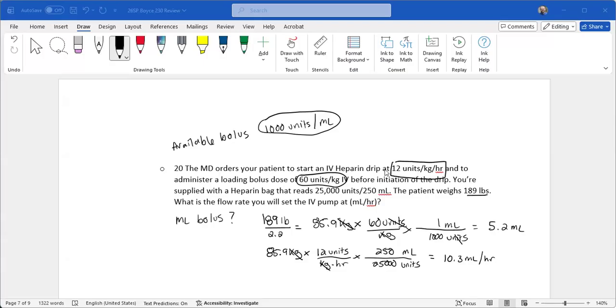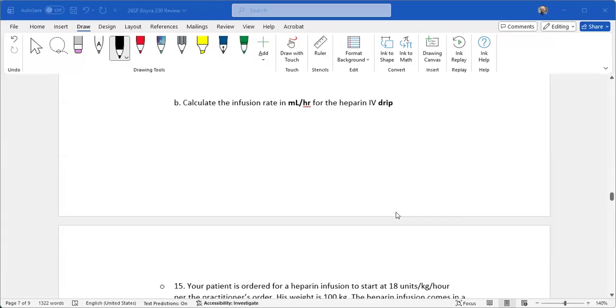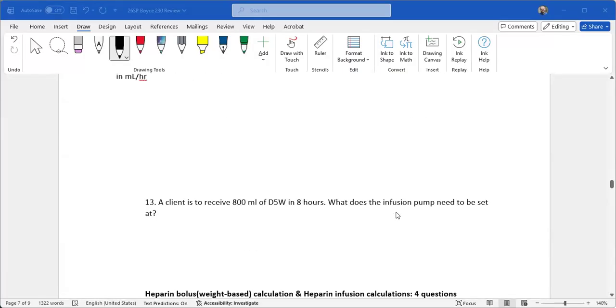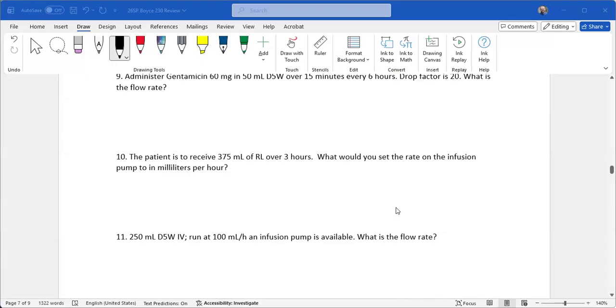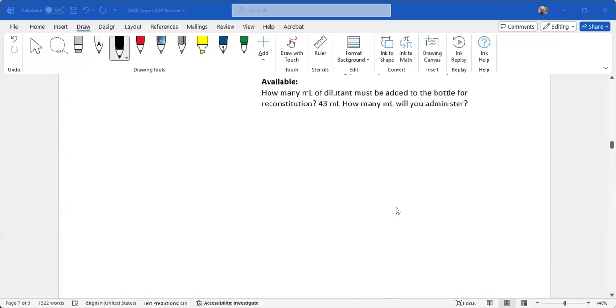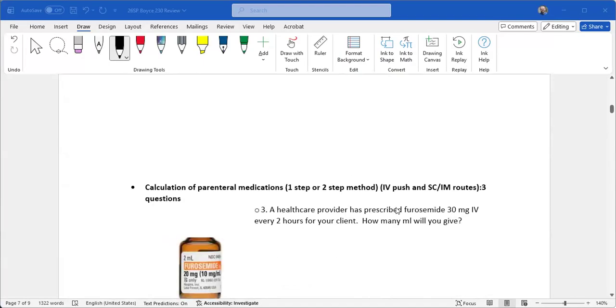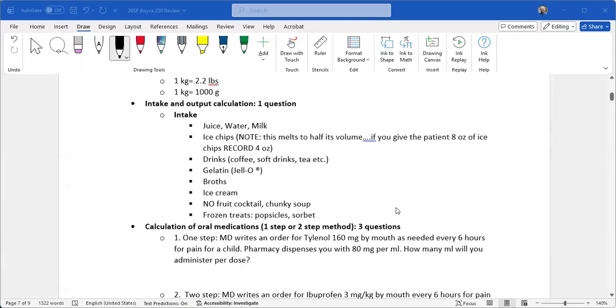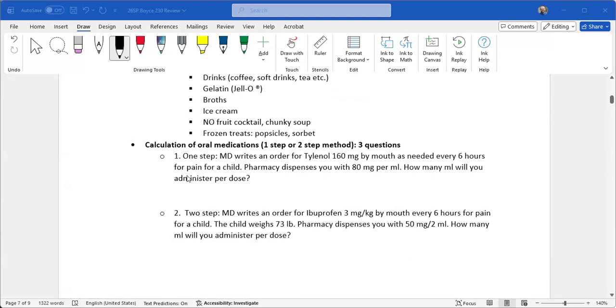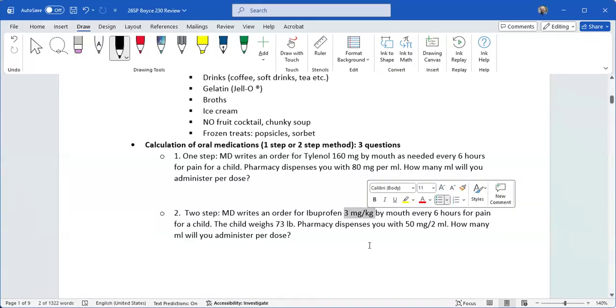So technically, anytime they say a two-step problem or a complex problem, that just means it's a weight-based problem. Like this example right here, this two-step problem where you have a patient whose order is 3 milligrams per kilogram, and the patient's weight is in pounds.